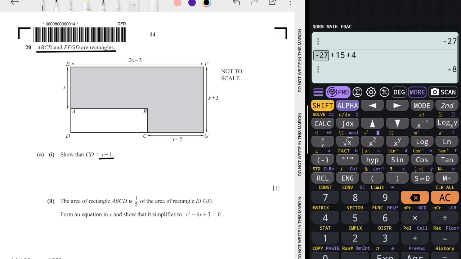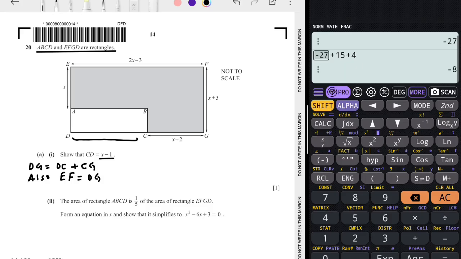So to find out CD, first of all, we should know that DG is equal to DC plus CG, and also we know that EF is equal to DG.